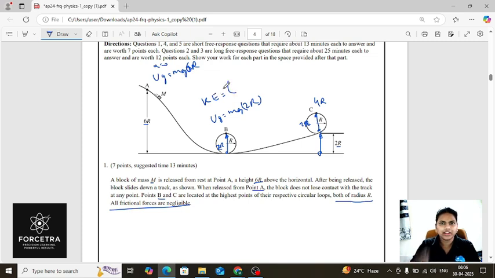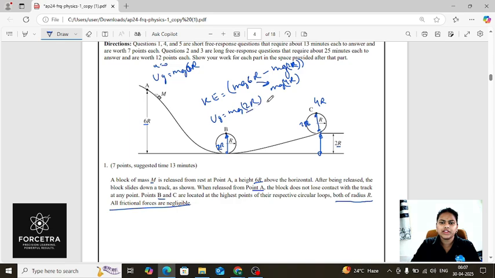Although I am writing in the form of potential energy only, it is mg 6r minus mg 2r. I am not writing in terms of velocity, but for the comparison I am writing in this form. So the rest would be converted to kinetic energy, the amount which would be converted to kinetic energy, that would be 4r.